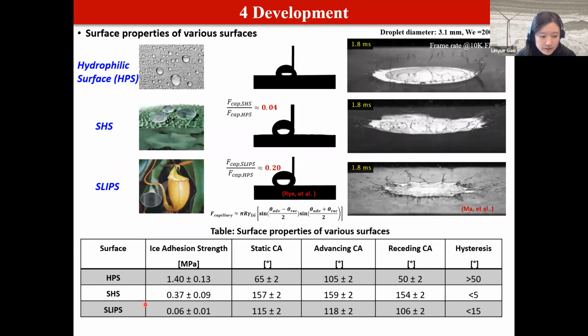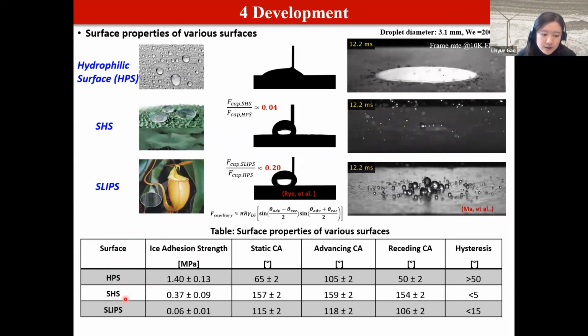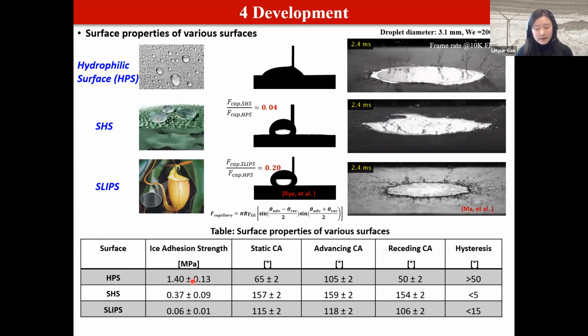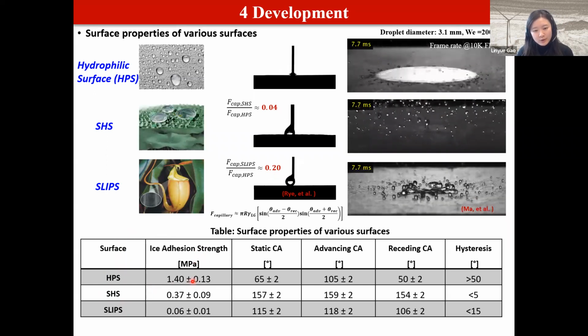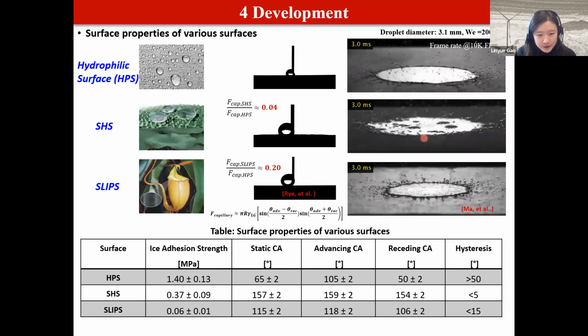And as you can see from this table, in comparison to the traditional surface, the superhydrophobic surface and the slip surface actually have much lower ice-adhesion strength. That means we can remove the ice structures much more easily from those kinds of surfaces. In addition to that, it will significantly affect the droplet impact process.